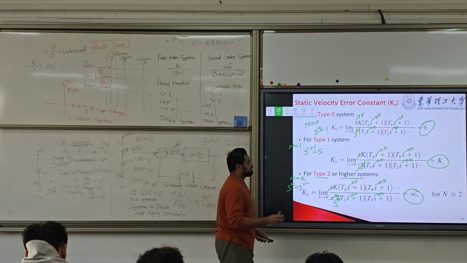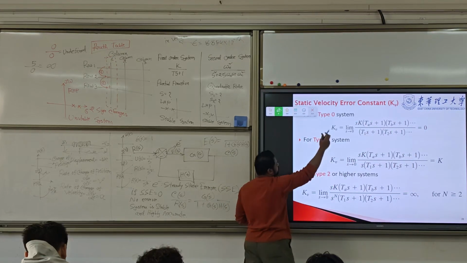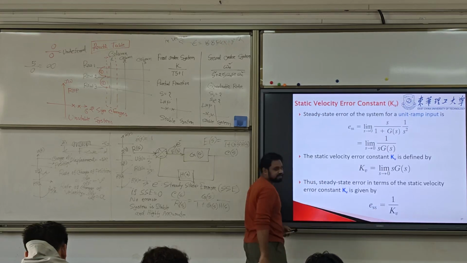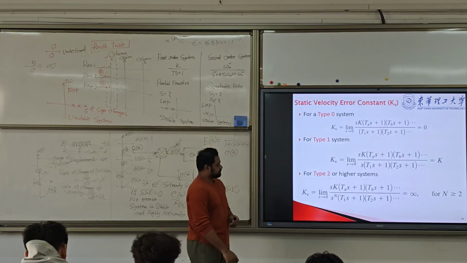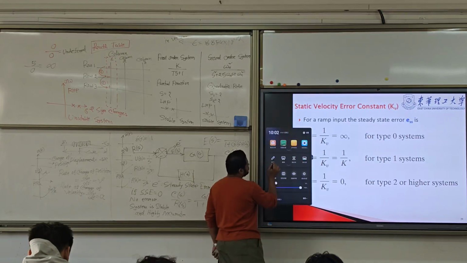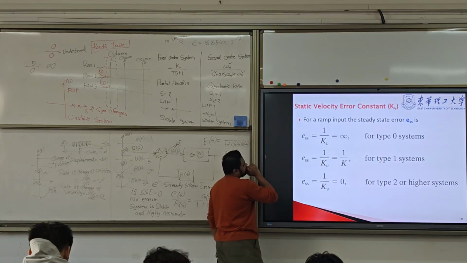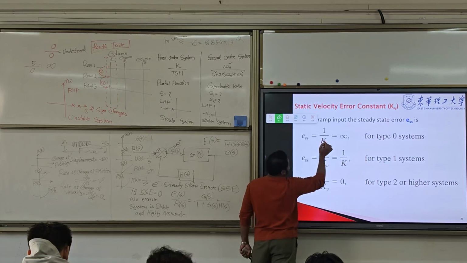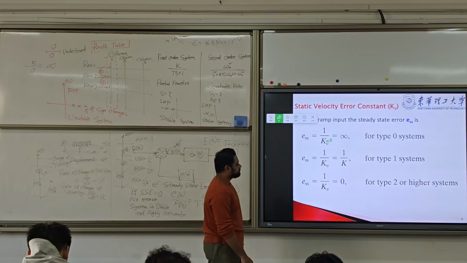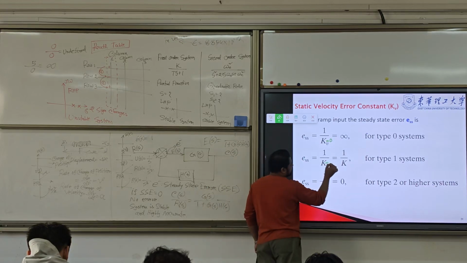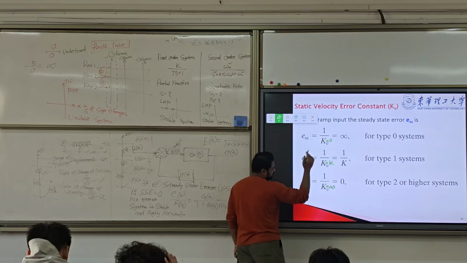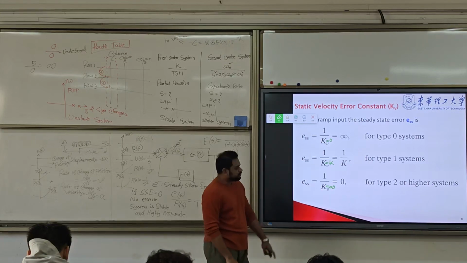Now put all these values here, in 1 by Kv. So here we have the values. Kv is 0 for type 0, so 1 by 0 is infinity. Then Kv is K for type 1. And then for type 2 this one is infinity, so the error is 0. We know that.